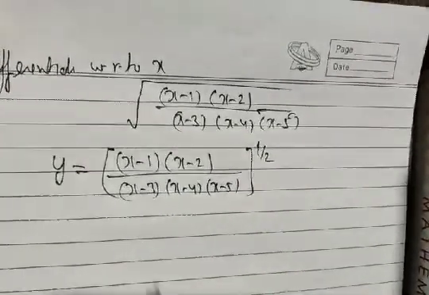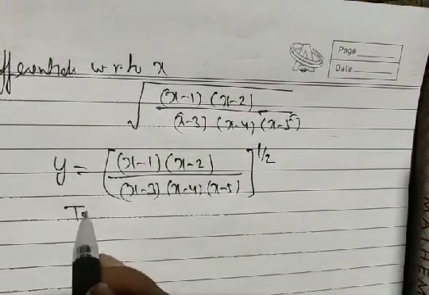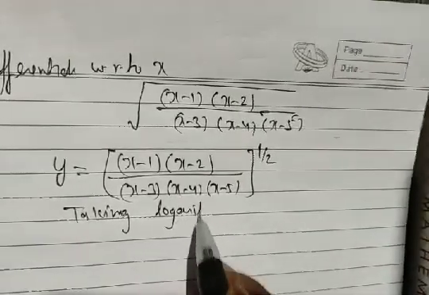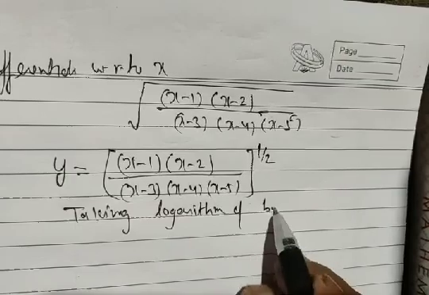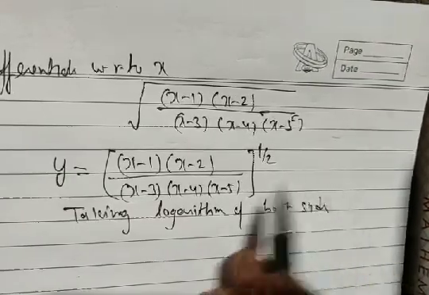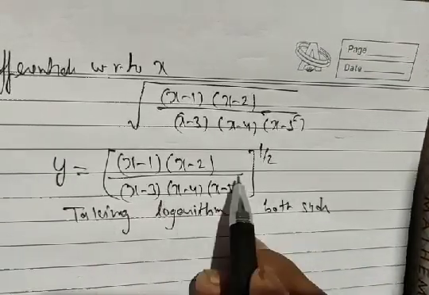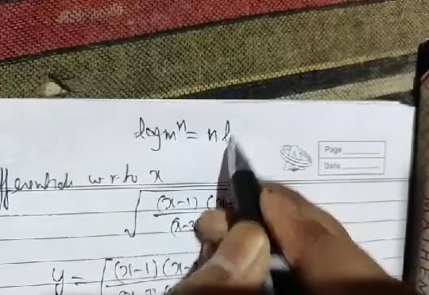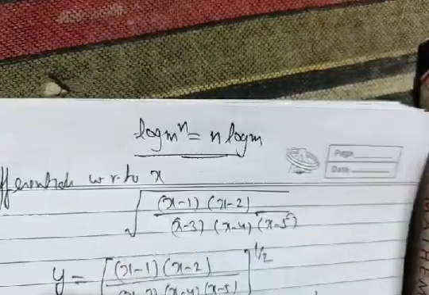Then what is the first step? Taking the logarithm of both sides. What is our logarithm formula? Log m to the power n is given by n log m.